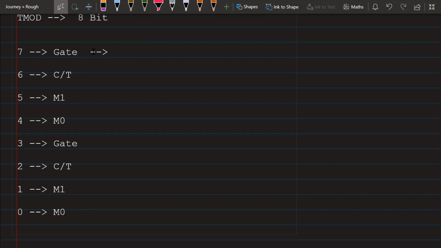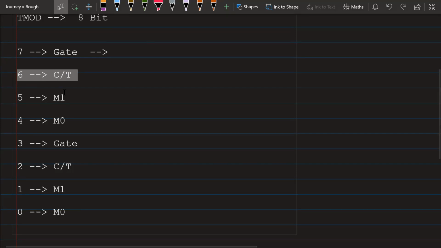And if the INTX pin is high and the TRX control pin is also set, which is another control pin, then only the counter will operate. Then the next bit says whether it is a timer or counter.